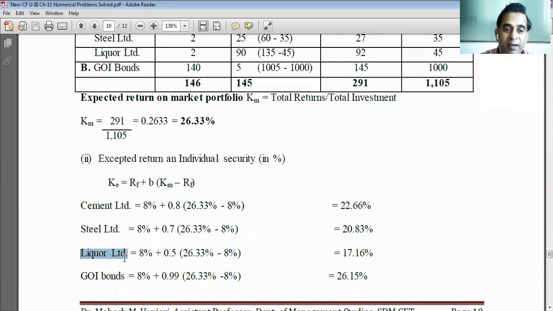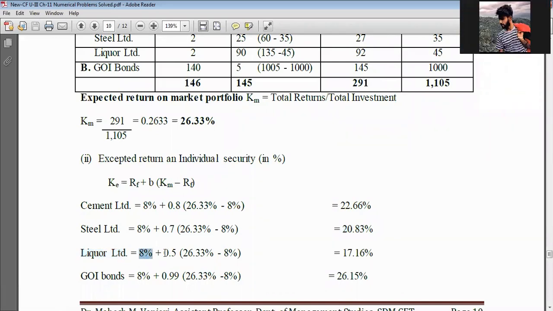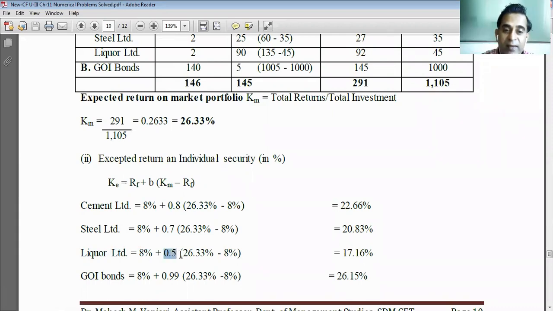Then Liquor Limited, 8% plus the beta factor on Liquor Limited, 0.5, from the data given in the problem, into bracket 26.33 minus 8, is equal to 17.16%, the expected return on Liquor Limited.